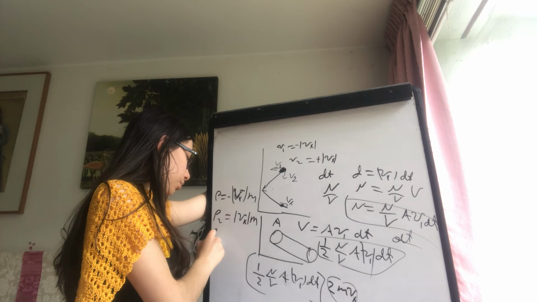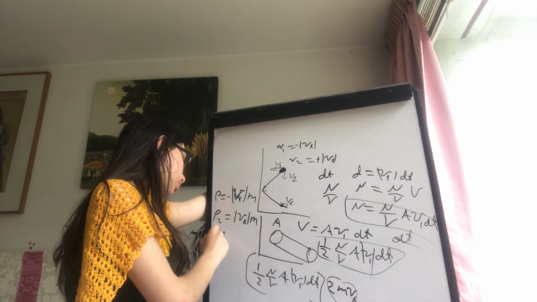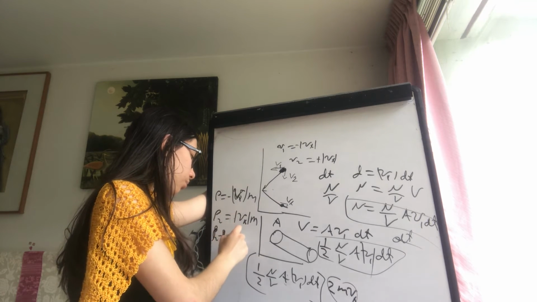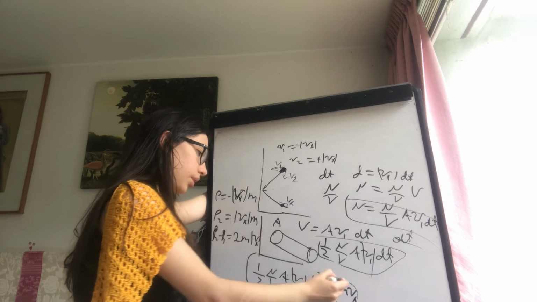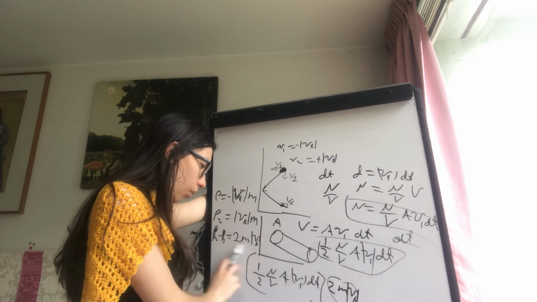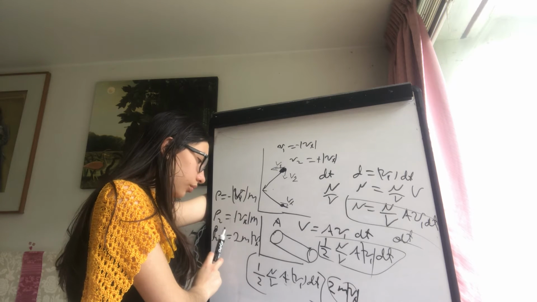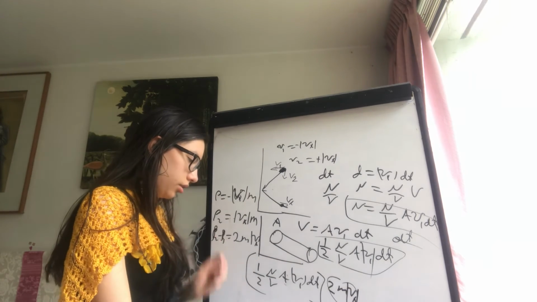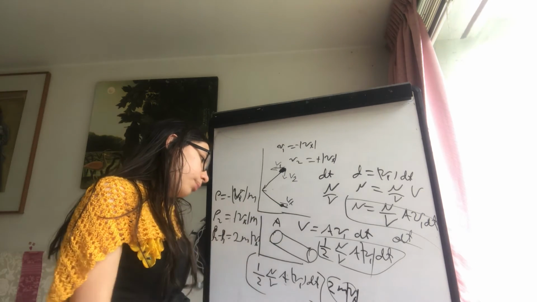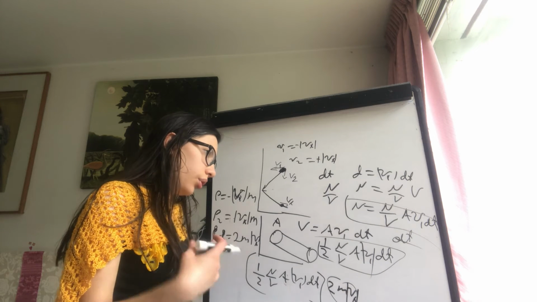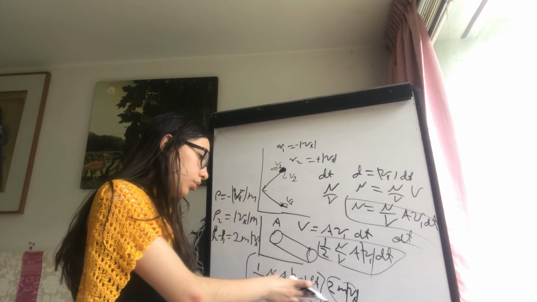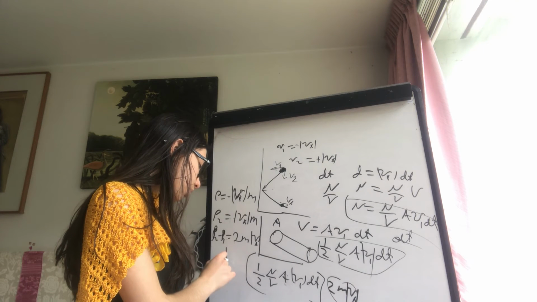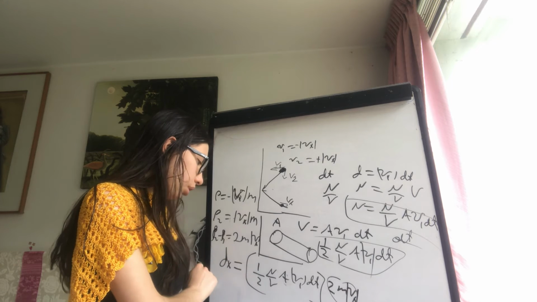So p2 minus p1 is this minus this, so we have 2 times the mass times the absolute value of the velocity. This is the change in momentum of one particle. The change in momentum of all the particles that are colliding, that is of the collisions that will occur, is this multiplied times this. So this is the change in momentum.